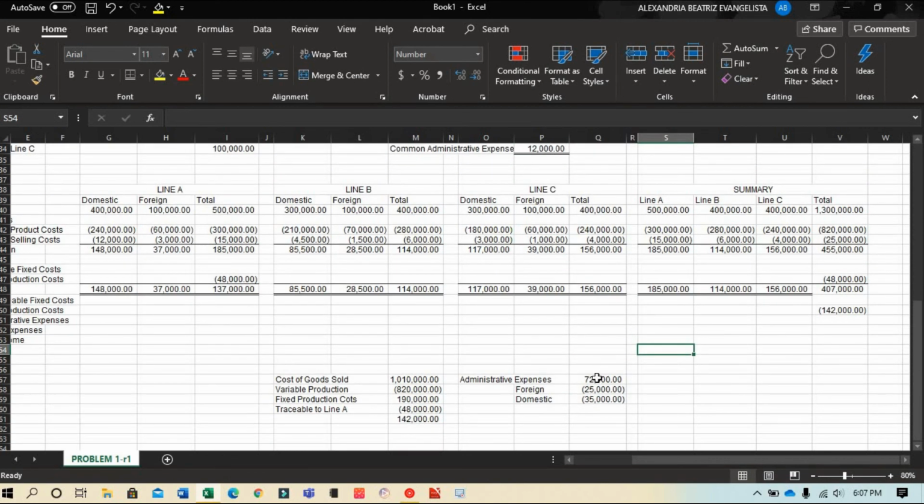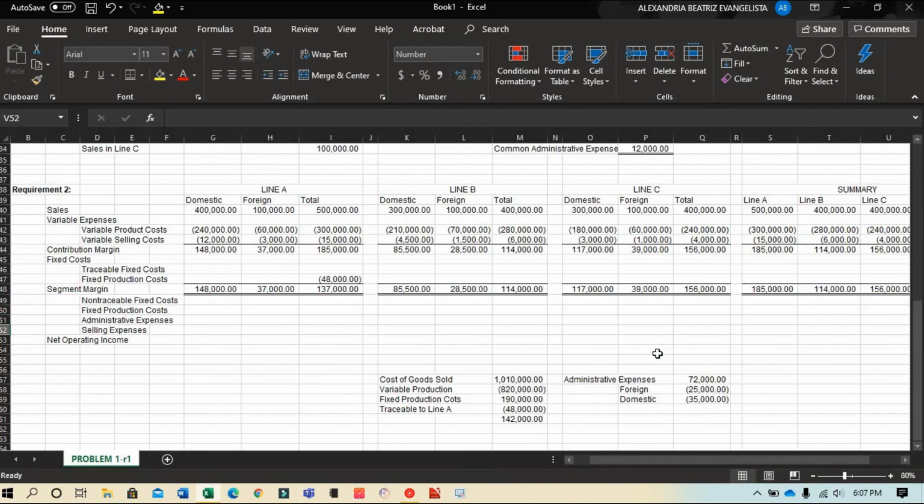However, we're going to place the whole 72,000 in the common fixed cost. Why?